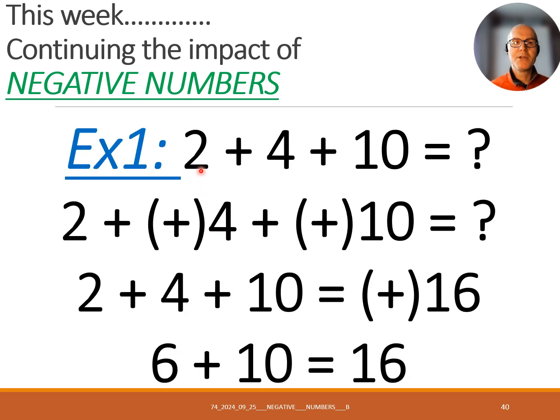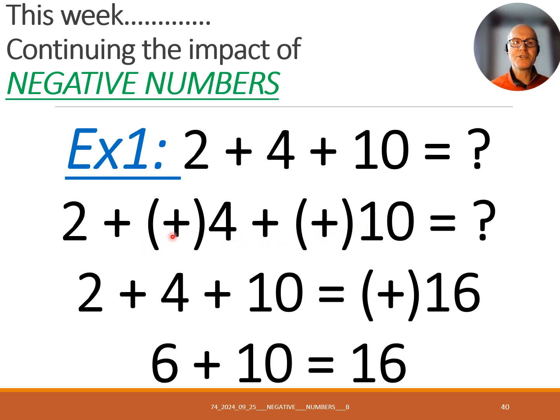Here's our first example. 2 plus 4 plus 10. Do we have to change any of the functions there? Let's put the positive number function sign in. So we've got 2 add positive 4 add positive 10.